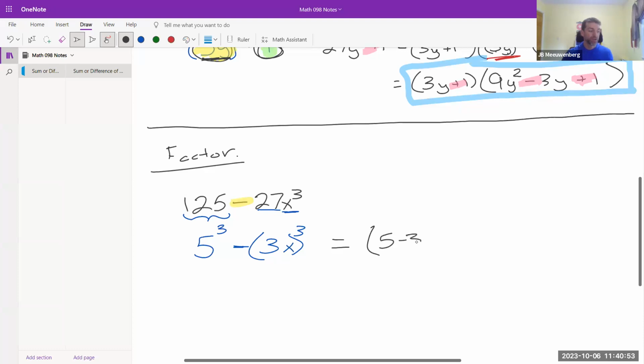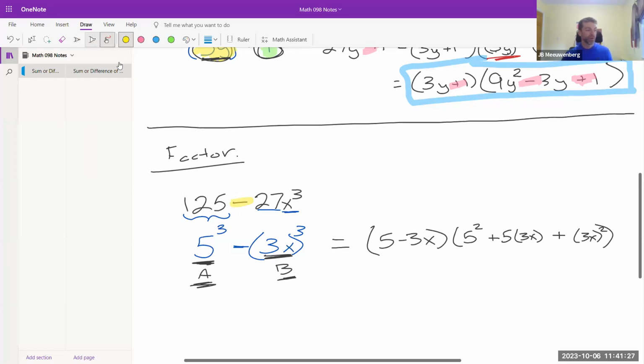5 minus 3x, right? A minus b, this is a, this is b, times the quantity 5 squared. I'm just going to write it like this for now, and we'll clean it up. 5 squared, a squared, plus 5 times 3x, a times b, plus b squared, which is 3x quantity squared.